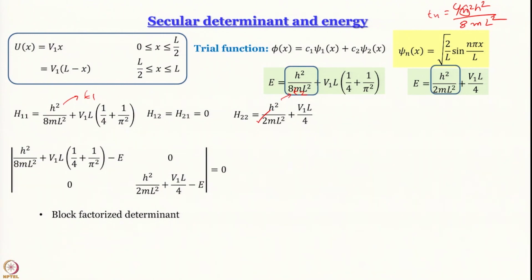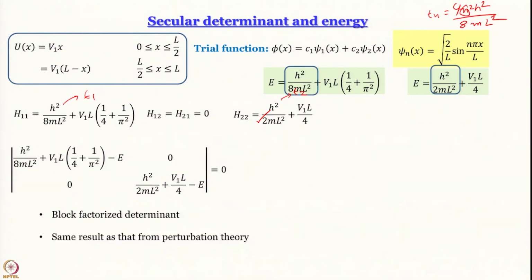Most likely this is lower in energy, unless V1L into 1 by 4 plus 1 by pi square is really large, but then that will add here also. So, this is the lower energy, I think we can say that with sufficient confidence.